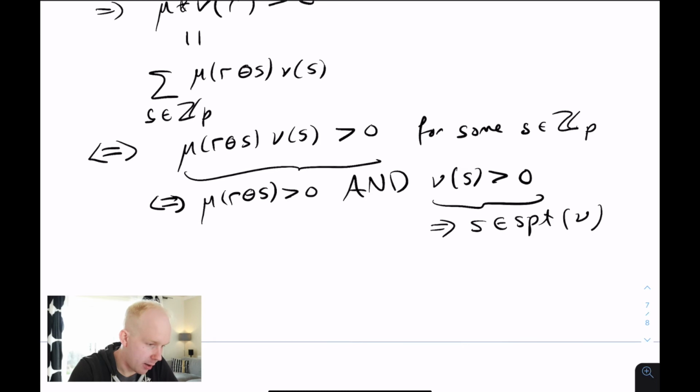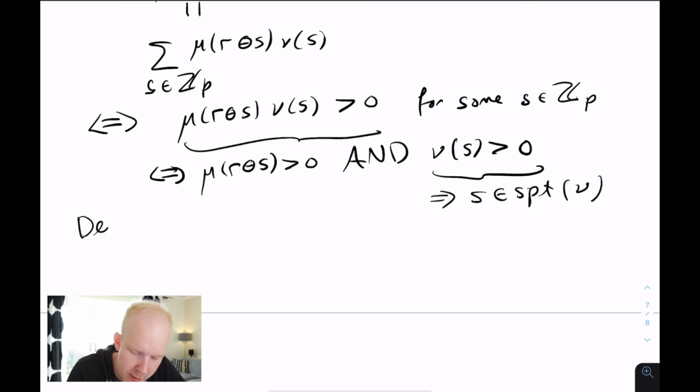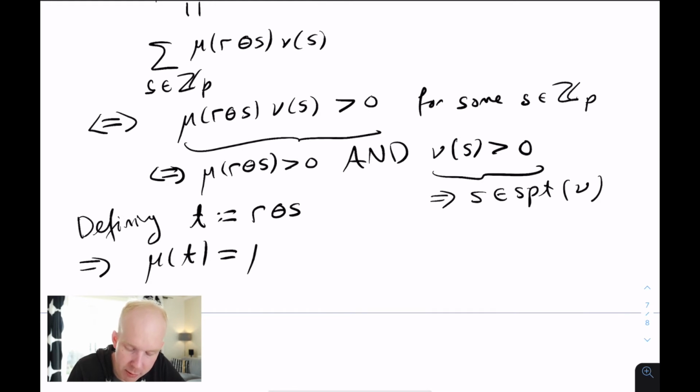But then, defining t to be equal to r minus s, we also obtain that mu(t), which is mu(r minus s), is also positive, by definition.